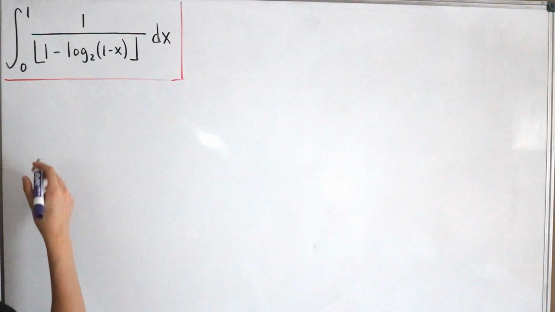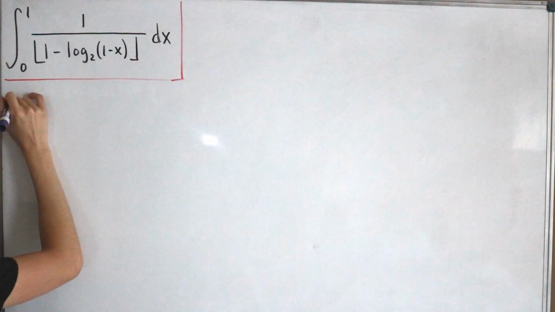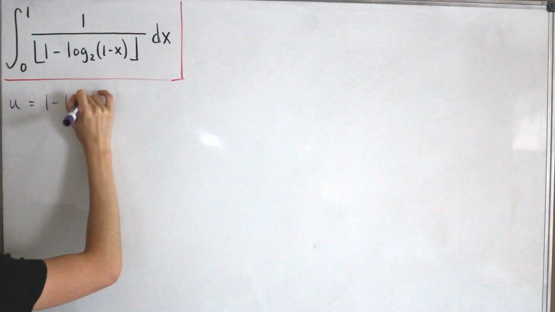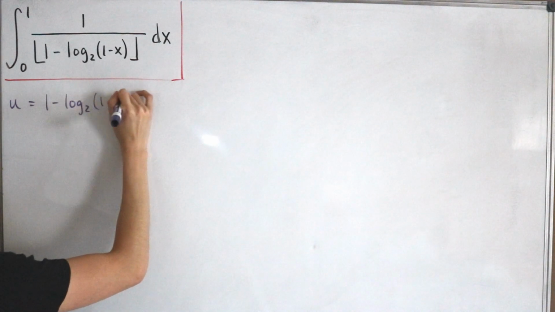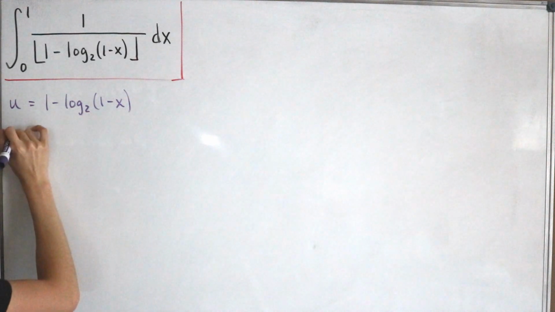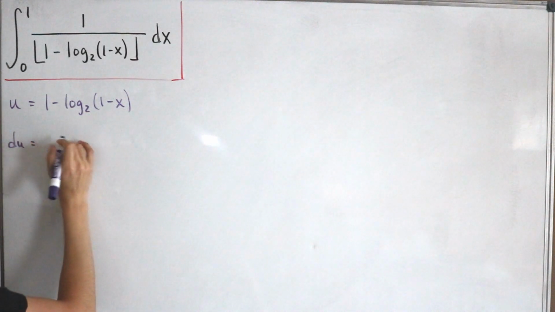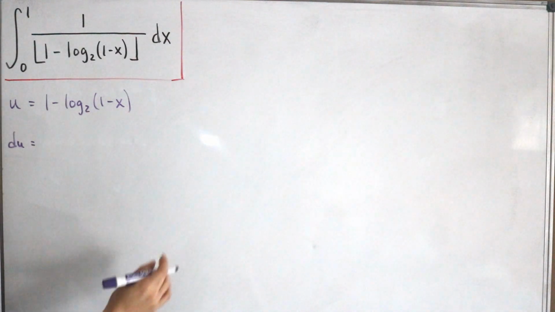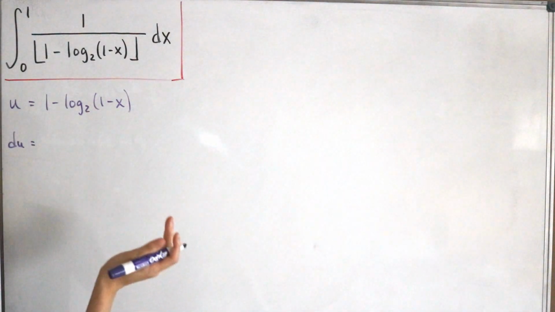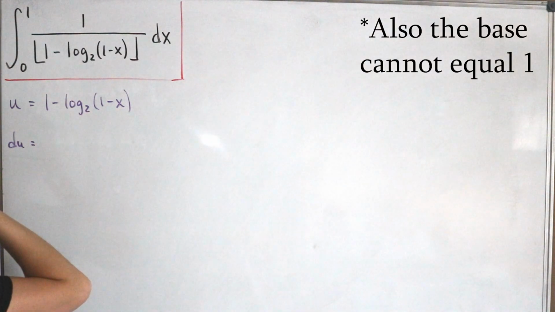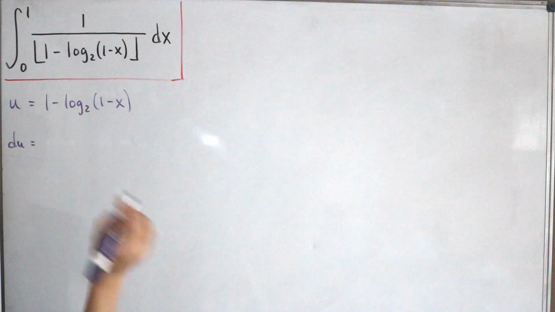So if we let u equal the inside of our floor function, 1 minus log base 2 of 1 minus x, and differentiate both sides, we have du equal to the derivative of a log-based function. For log a of x, with a as the base strictly greater than 0, the derivative is 1 divided by x times ln of a.